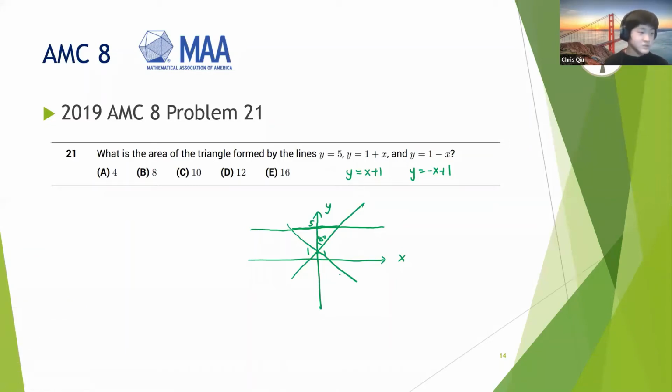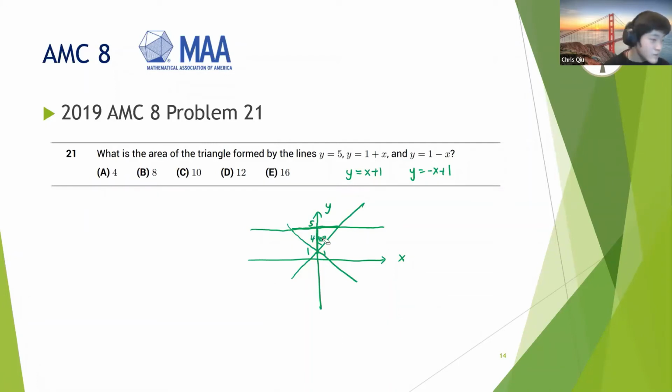So in fact, these 2 lines are perpendicular, and also they both form 45-degree angles with the y-axis. So we can notice that the height, which is this length on the y-axis, is 4 units.